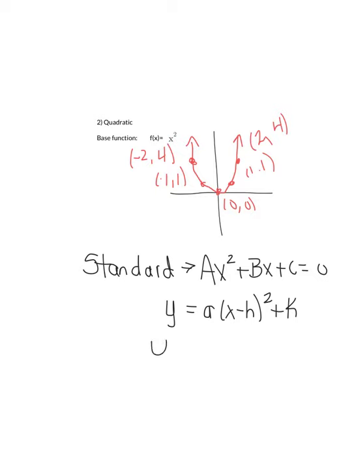We could also be writing it in factored form, (x minus r)(x minus s). Now I'm going to go ahead and change this so that it doesn't equal 0, just so that it equals y and doesn't confuse anybody.